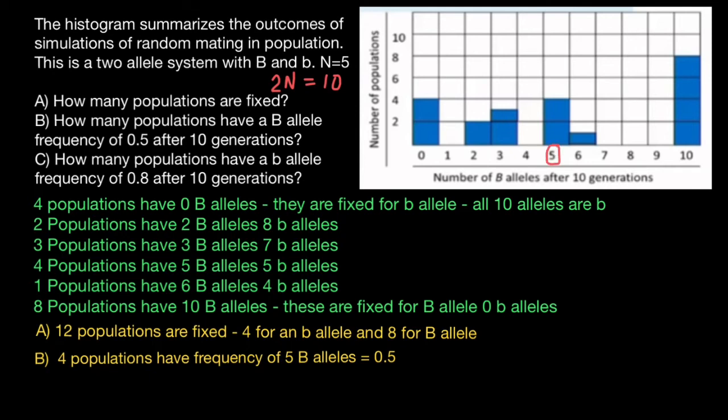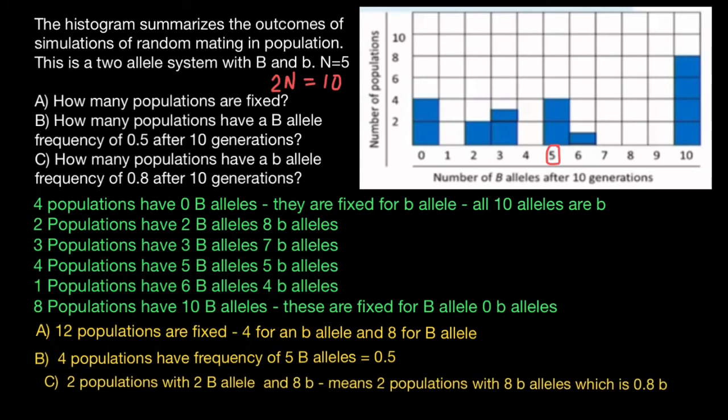And how many populations do we have? We have 4 such populations. So our answer would be 4 populations have 5 dominant B alleles, which is 0.5.